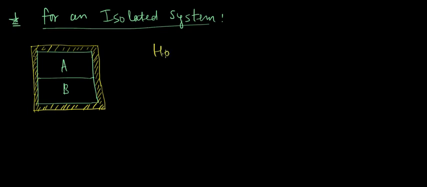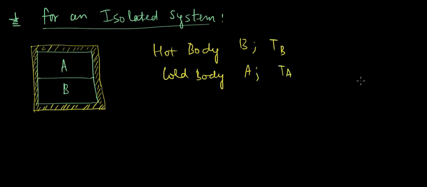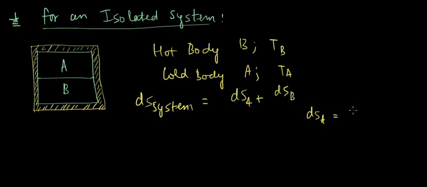Let's say we have a hot body B which is at temperature TB, and we have a cold body A which is at temperature TA. So change dS of system can be written as dSA plus dSB, and dSA can be written as dq by TA, and dSB can be written as minus dq by TB. Why are we writing a minus sign ahead of dq by TB? Because heat will be flowing from B towards A.